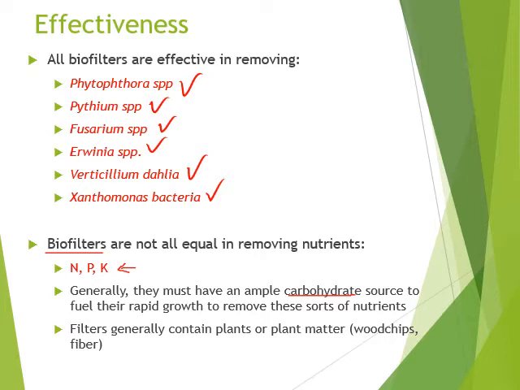You'll see on the slides, even waste products from processing like peanut shells have been used. Really, any number of plant-based wastes could be used, and you're looking for something that takes quite a while to break down. Otherwise, you have to constantly dig out your filter and replace them. But not all systems use carbohydrates, and so we have to be mindful that they may struggle to remove nutrients. They may just remove pathogens.